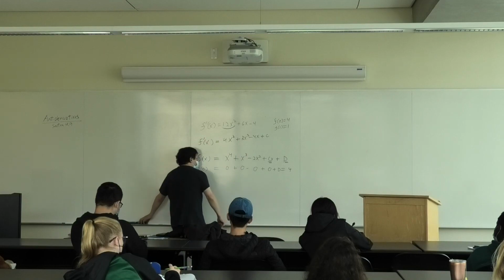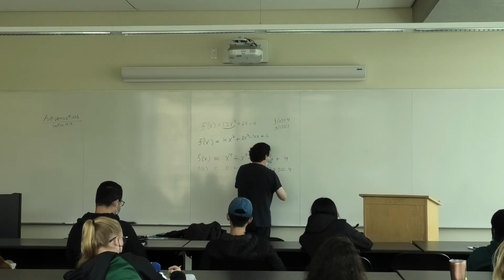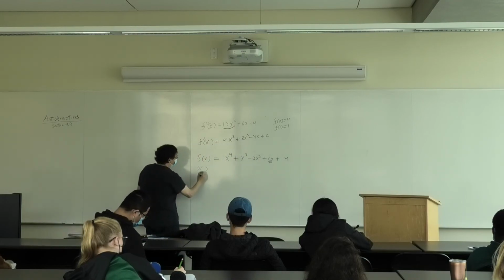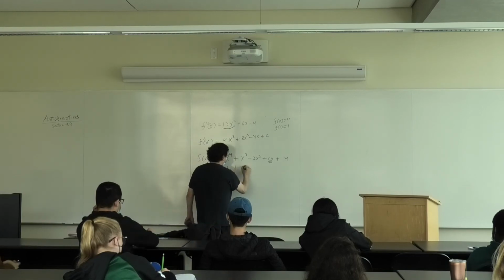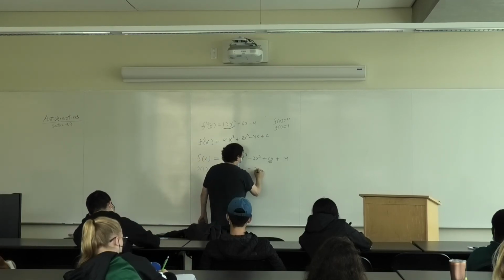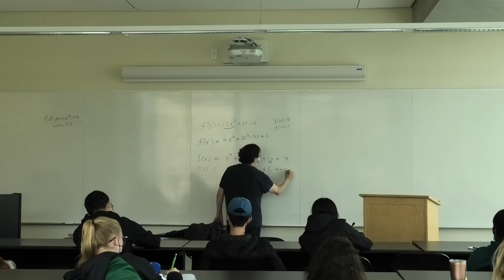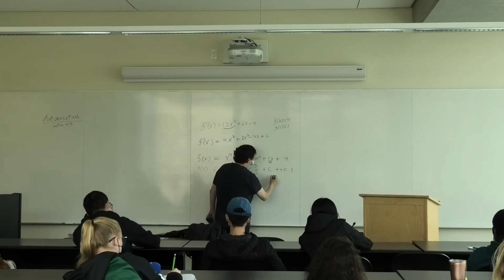I'm just going to put a 4 here. Now f of 1 is 1 minus 2 plus c plus 4 equals 1. Okay, well, these cancel. C equals minus 3.